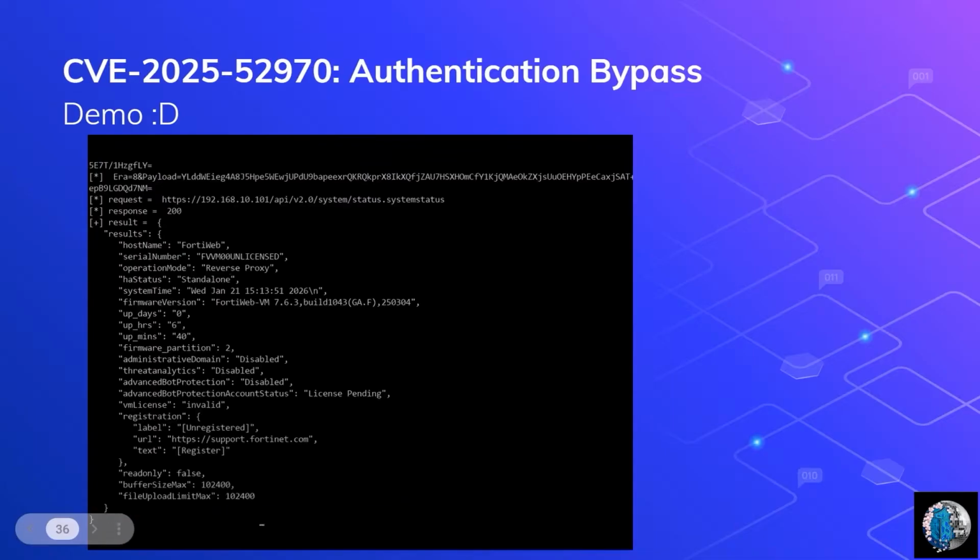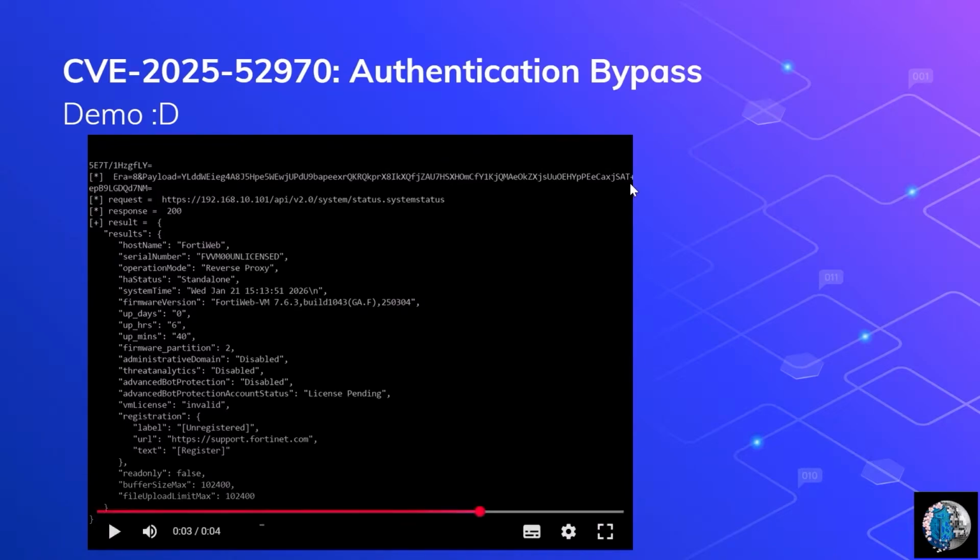Anyway, what you can see here is the cookie, the era, and the payload that we ourselves encrypted. I think you can't see it, but it's past the right part of the screen, there's also the auth hash and everything. And we send a request to an endpoint called system status.